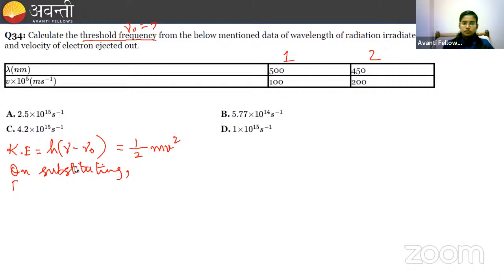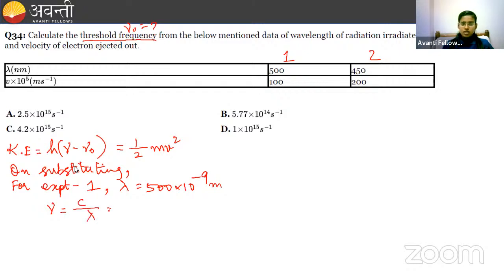So for experiment number 1, the lambda value is given as 500 nanometer. If I convert this into meter, it will be 10 to the power minus 9 meter. So nu is equal to C by lambda. We all know that.